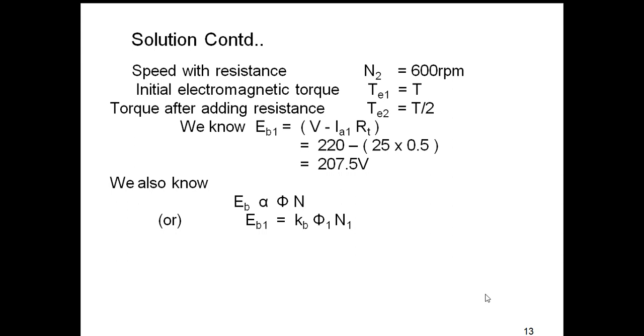So if we remove the proportional sign and keep a constant, we get EB1 is equal to KB phi 1 and N1. These are the initial values of back EMF, flux and speed before adding the resistance.